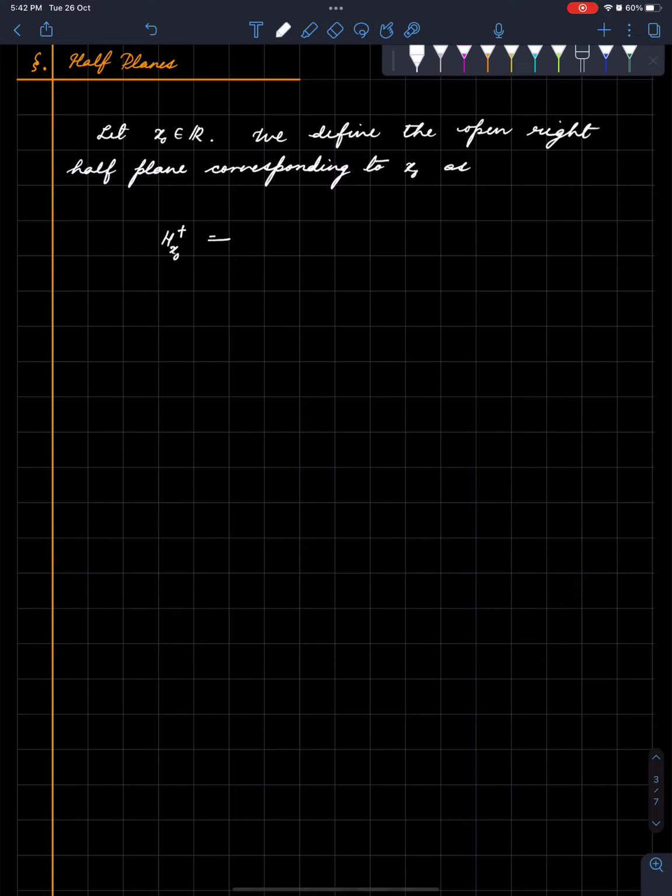So this is a notation, and it is defined as those points in the plane where x is greater than x naught.